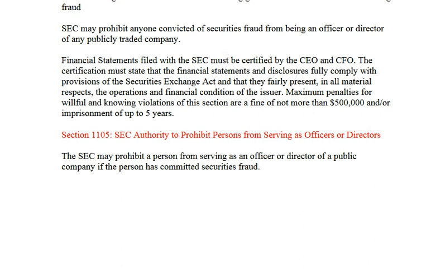Financial statements filed with the SEC must be certified by the CEO or CFO. The certification must state that the financial statements and disclosures fully comply with the provisions of the Securities Exchange Act and that they fairly present, in all material respects, the operations and financial condition of the issuer.